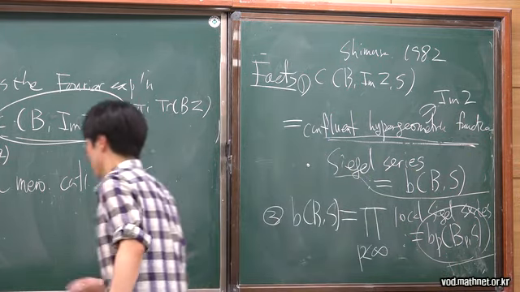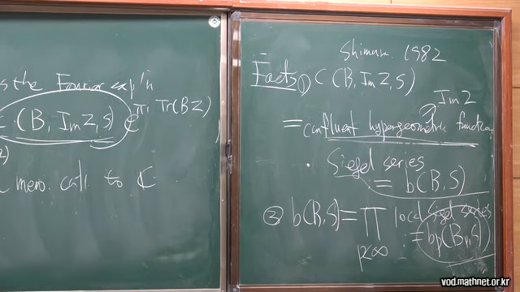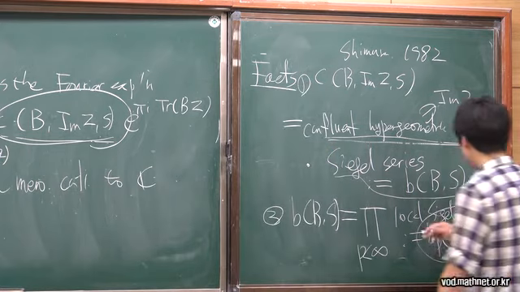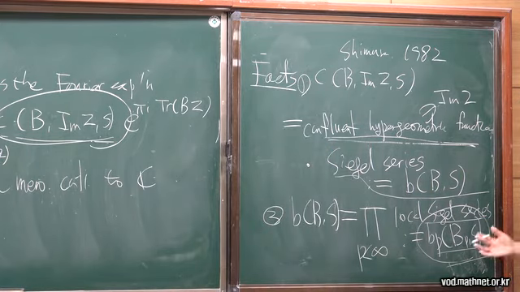Okay, so now let me move to the local situation. This local Siegel series had been studied by many people starting from Shimura and Kitaoka, and its precise formula was obtained by Katsurada in 1999.